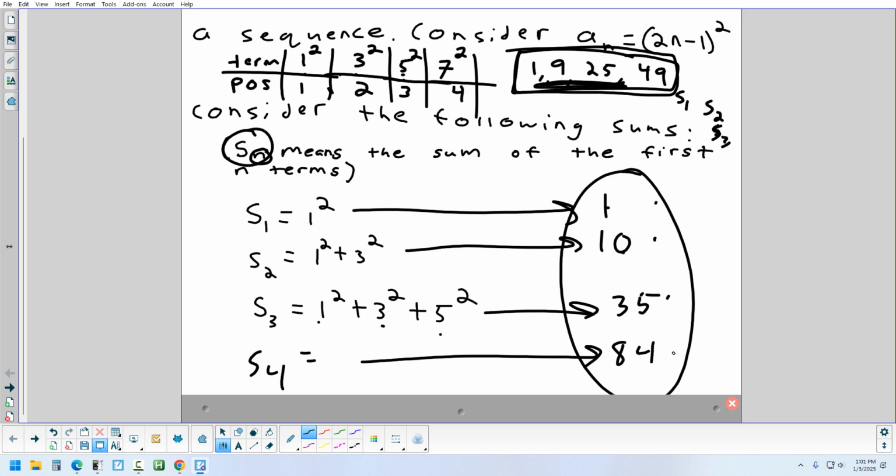A perfect square is like 1, 4, 9, 16, 25. Any number you can take the square root of and you don't get a decimal. Since this one is adding up squares, it would be a little bit more complicated than finding the pattern for what we're going to do. But I want to make sure people understand how I got those numbers at least.